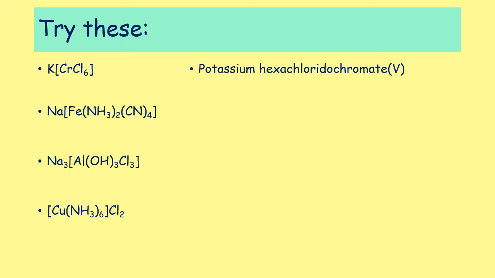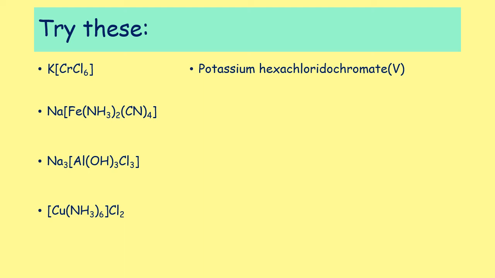So it's potassium, then we have a space, hexachlorido chromate, and then we have to work out the oxidation state on the chromium. Now we know that the complex must have a -1 charge because there's only one potassium beside it. So chromium -6, because there's 6 chlorines, equals -1, so chromium must be 5. So potassium hexachlorido chromate 5.